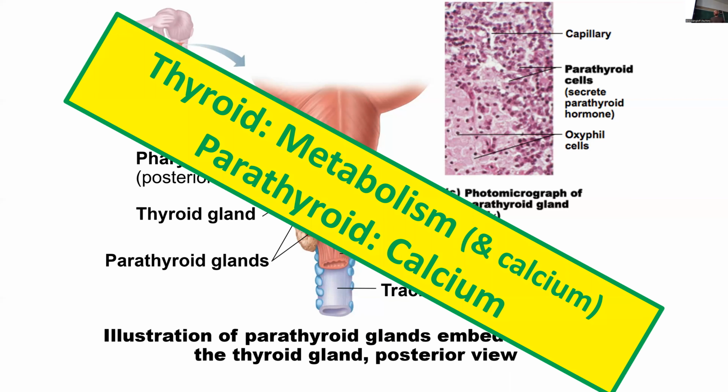Thyroid gland, I want you to know it's responsible for metabolism, a little bit of calcium, and the parathyroid for regulating calcium levels. Calcium levels are super important in your body because, for example, your muscles won't function properly without it. So if you have a lack of calcium in your skeletal muscle, you can get spasms or lack of functionality of those muscles. So regulating calcium in the body is super important.